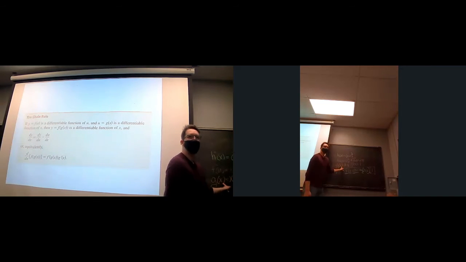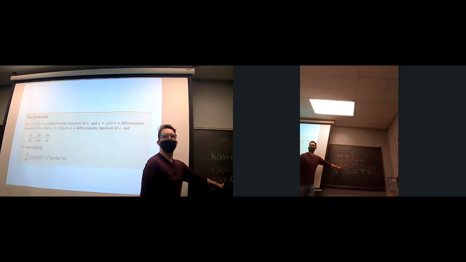But hey, notice something really quick. u is defined as g of x, right? If that's what we're doing, we're saying that f of g of x is all of this.